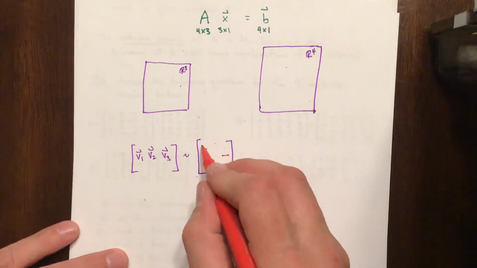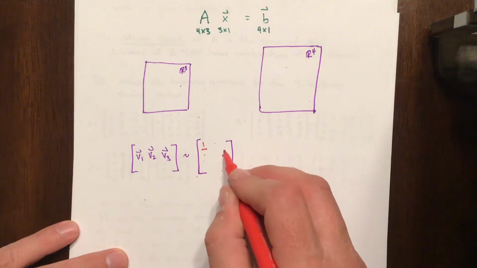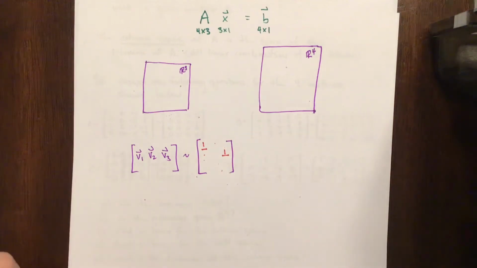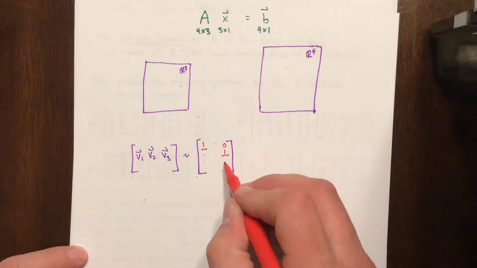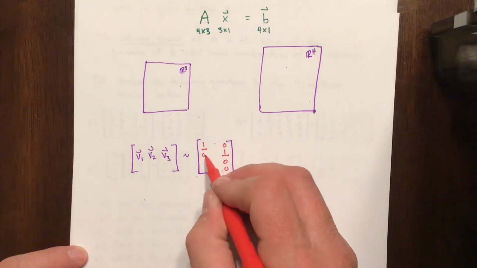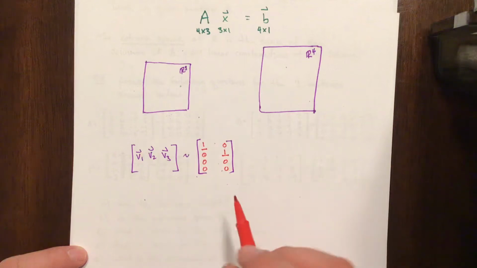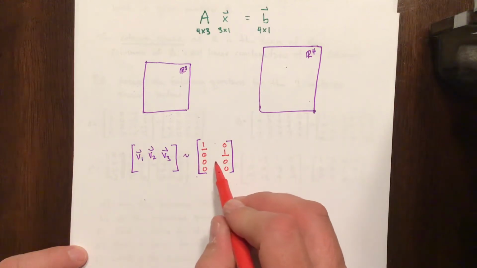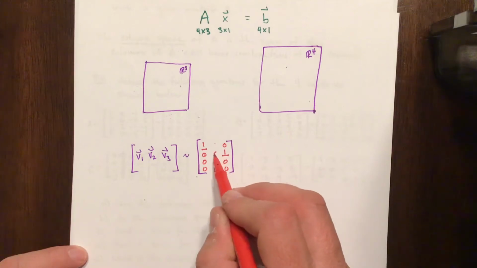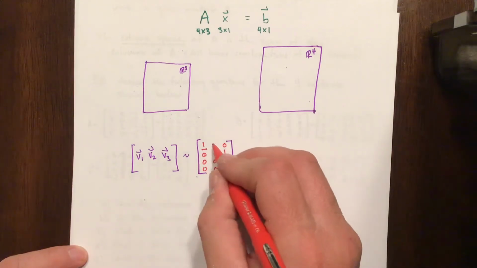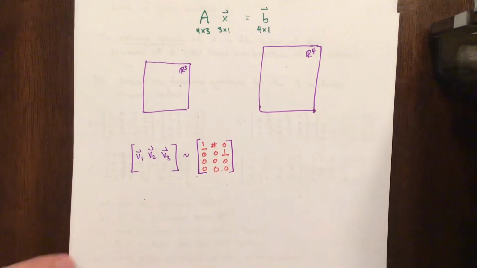If there are pivots in columns 1 and 3, those are 1s. In reduced row echelon form, there are 0s underneath. There's no pivot here, so that has to be 0. The leading coefficient is 1, so that's 1, and we have some number right there.